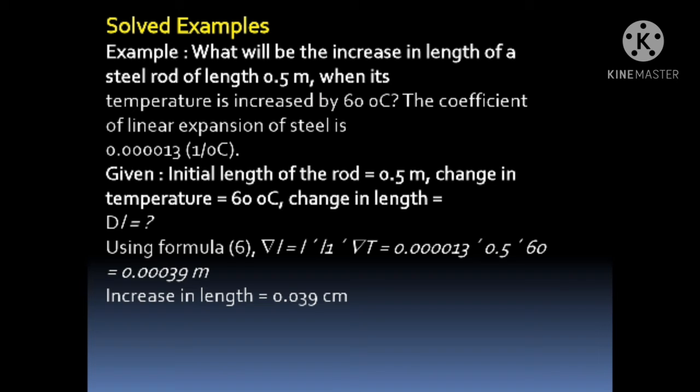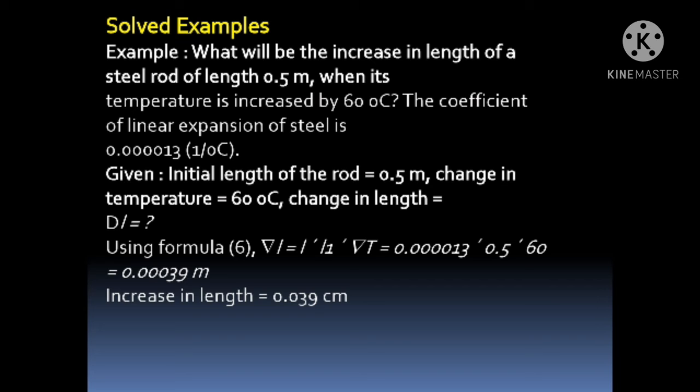And lambda S. What is lambda S? It is the coefficient for steel, and its value is given as 0.00013. Okay students, and what do we have to find? We have to find the increase in length. So we know the formula, students.